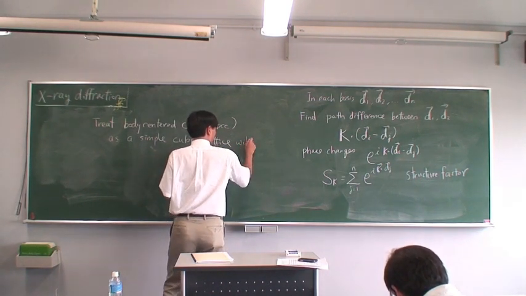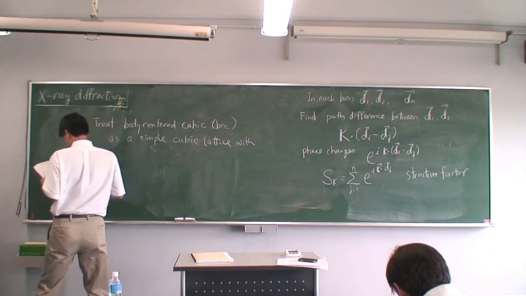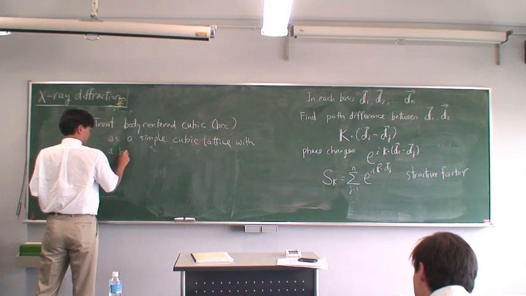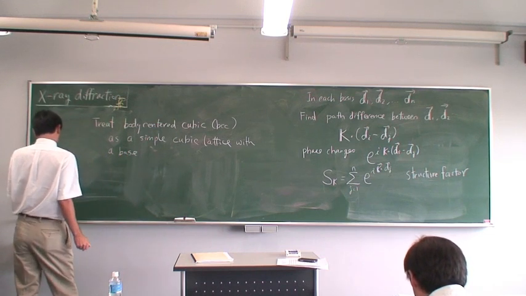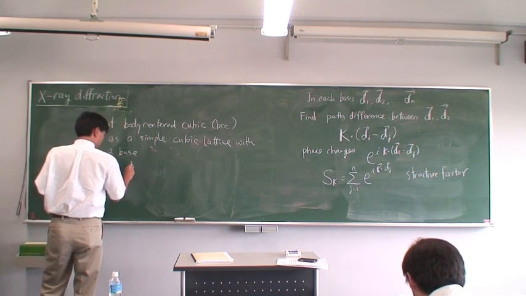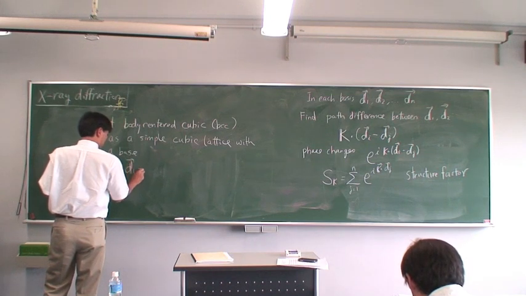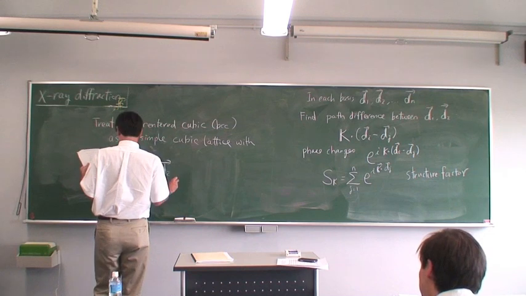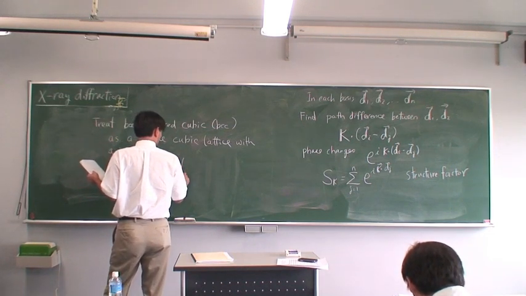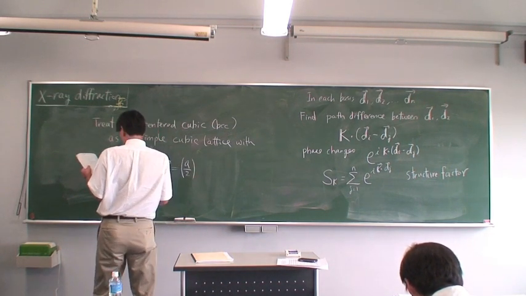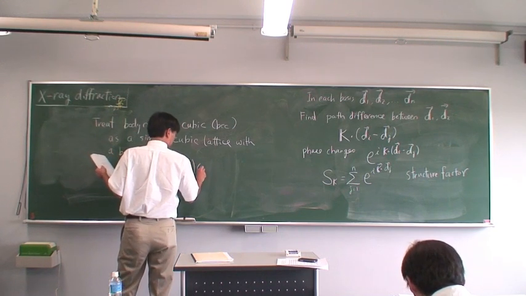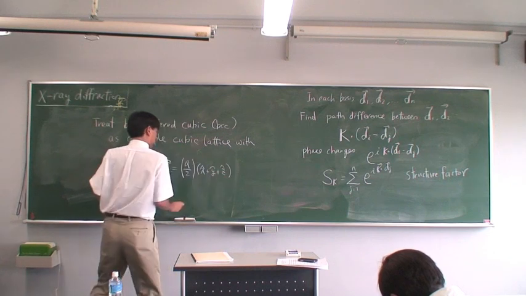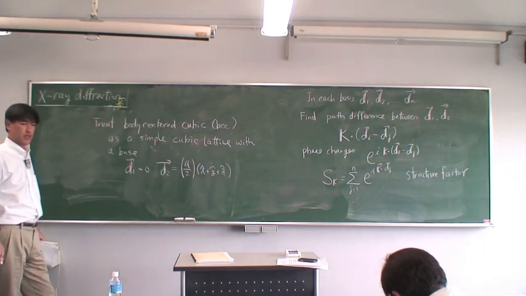with a base D1 equals 0, D2 equals a over 2 (x, y, z). Okay? x, y, z.